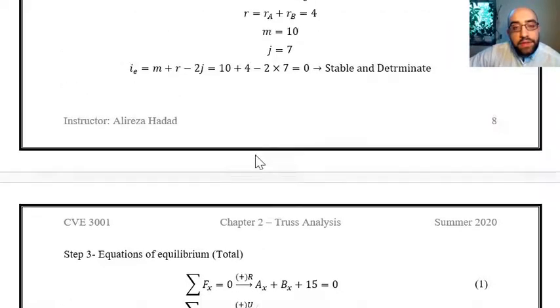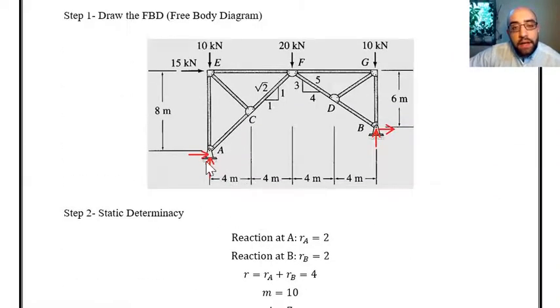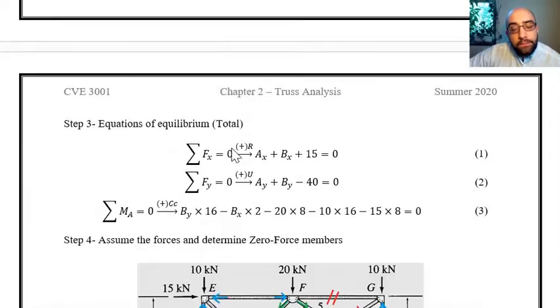Then we have the forces in vertical direction. For that, I have reaction at A or AY, reaction at B or BY, and 3 forces that we have over here, 10, 20, and 10. Those are listed over here. Reaction at A, reaction at B, and this is just summation of all of those forces over here, which is 40.